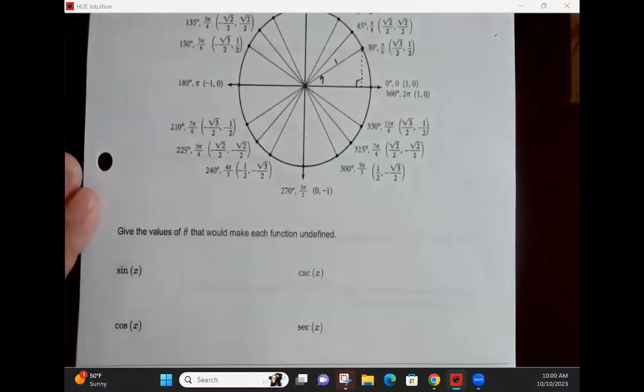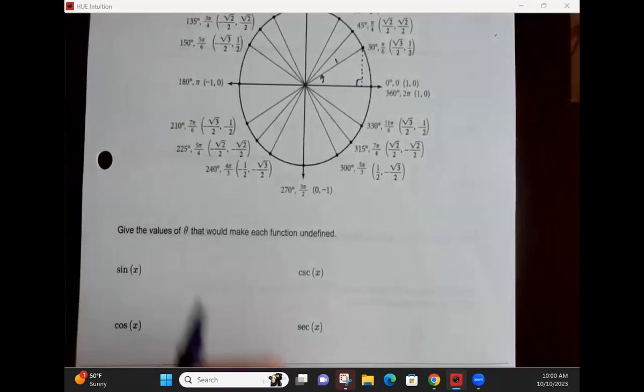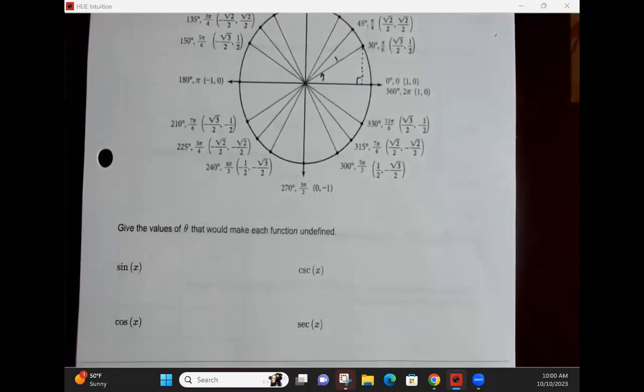Remember, sine of x. When we talk about domain, we talk about x values. Sine of x would be values for theta, like those angle measures. So we're still going to keep with our pi over 2, pi over 4, 3 pi over 4, stuff like that. Values that would give me an undefined.